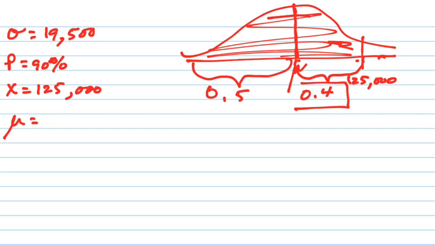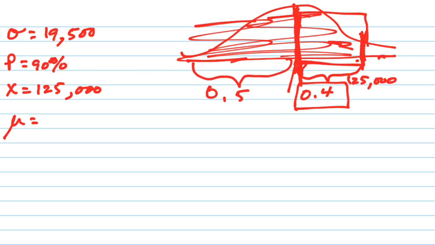So here is the value we're going to read from our chart. And we'll just add in the rest. Because we're looking for the mean, all we need is from here to here. Half the data is on one side, so the rest of it has to be on the other. I don't care about this side because I'm only interested in from my X value to the mean, since I'm looking for the mean. So I'm just worried about this information.